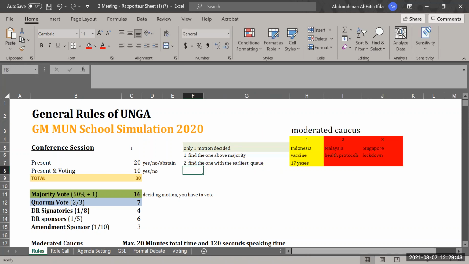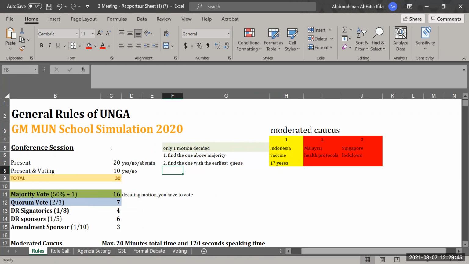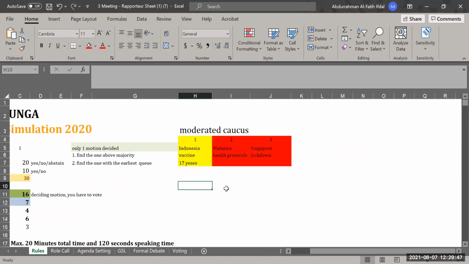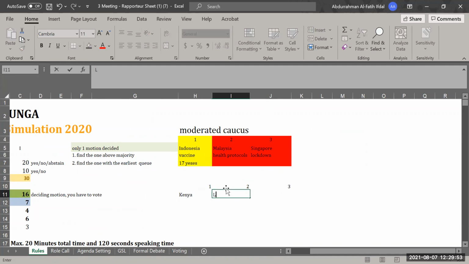That's the tip for us to decide. So for example, if there's another question, let's say, not 1, 2, 3, we have, for example, Kenya, Laos, and Australia.